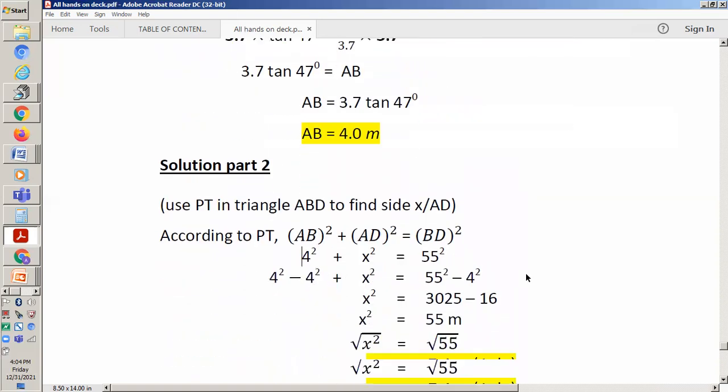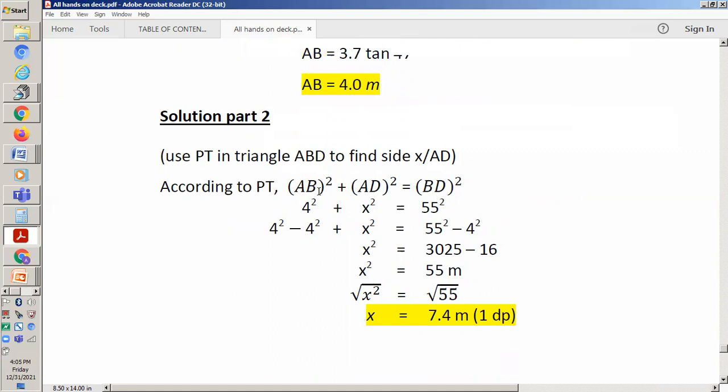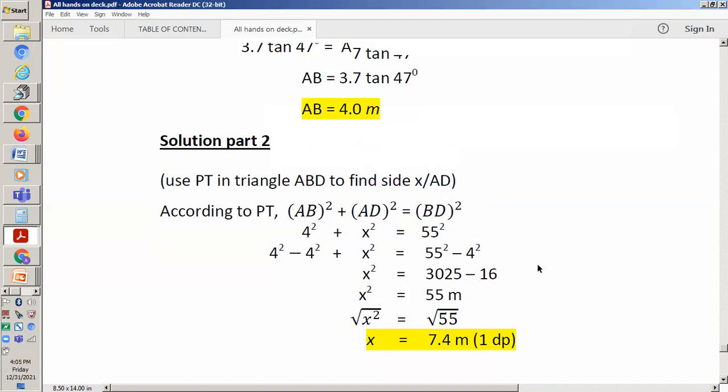The hypotenuse is always the longest side, and the other two sides must be the two short sides. So Pythagoras says the sum of the squares of the two short sides is equal to the square of the longest side. AB, which we just worked out, is 4.